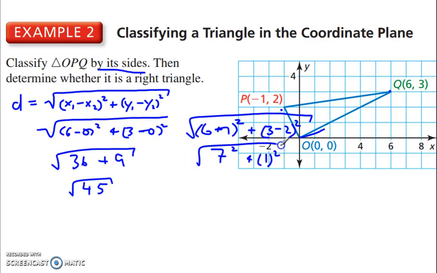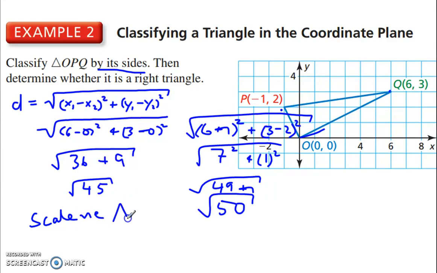That's 49, which is already more than 45, plus 1 is radical 50. So these two sides are not the same length, which makes this a scalene triangle. Now, we want to determine whether it is a right triangle.